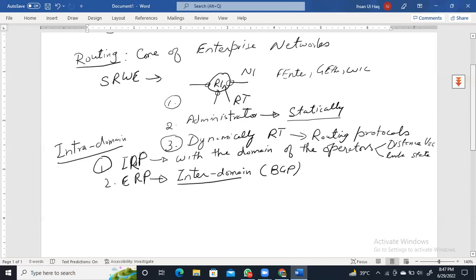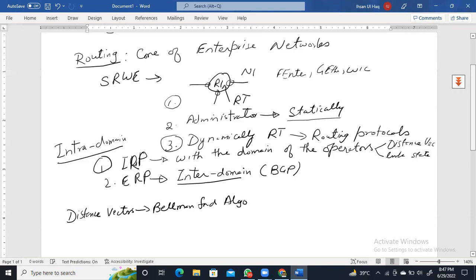So again here, ladies and gentlemen, we talked about the intra-domain, which is the basic emphasis of this course, that, as I said earlier, it may be distance vector. And the distance vector routing protocol, I told you last time, uses the Bellman-Ford algorithm.